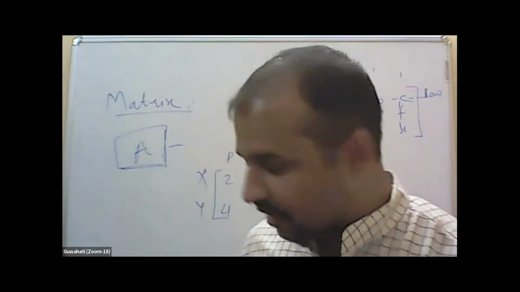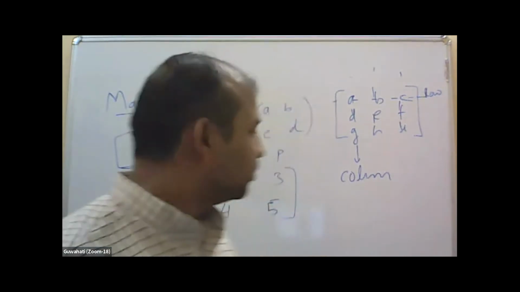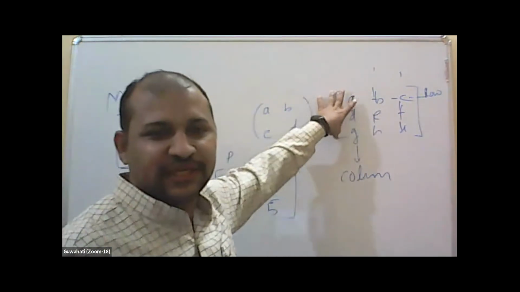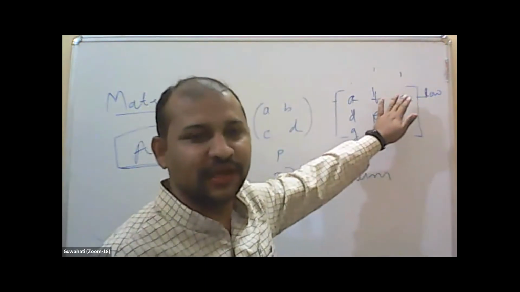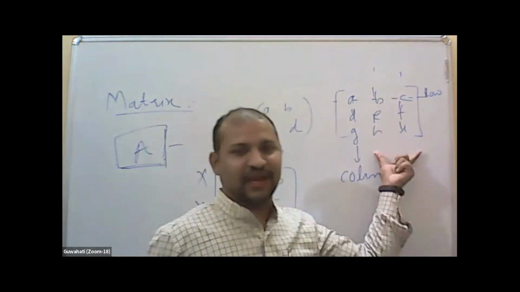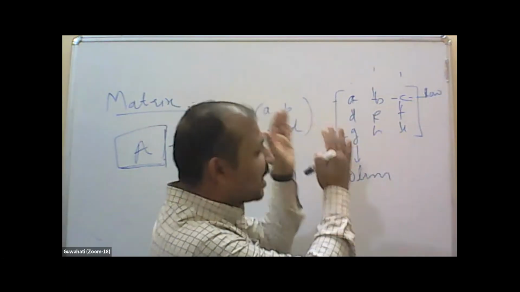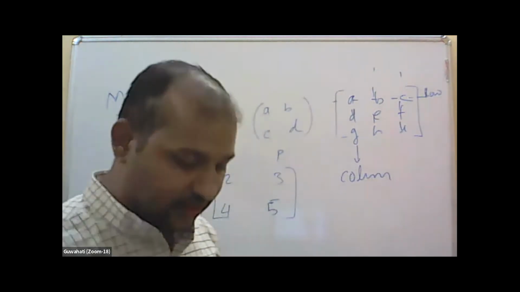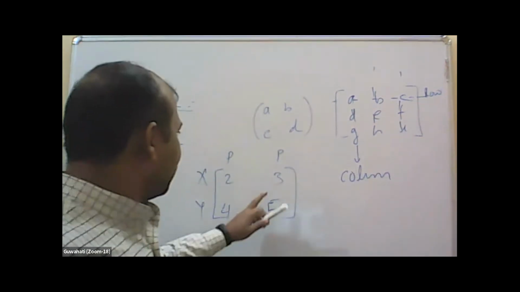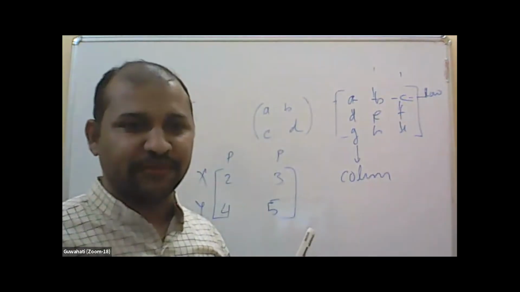So let's start where we were. I was telling that this is the representation of a matrix. We call this information, this data, this setting or this arrangement, a matrix. I gave different examples, like storing some information.